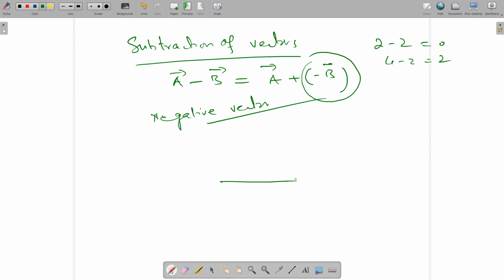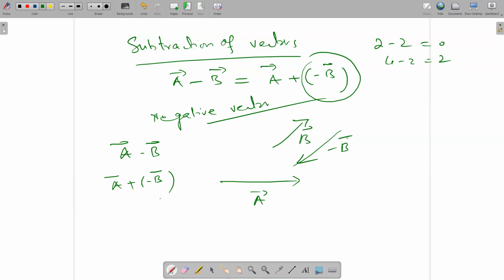Okay, see, if we have this vector A and this vector, suppose B, we want to find A minus B. What will we do? We will do like this one. So this is B and we make it like this one. This is minus B. So minus B is the same vector, but in the opposite direction. So you can draw by the head to tail rule. This is the A vector and this is the minus B vector.